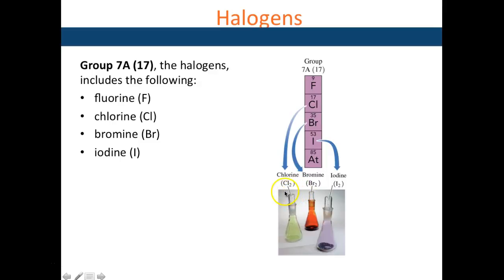The other thing that you notice here is that chlorine is not written as Cl, but rather as Cl2, and so is bromine, Br2, and I2. So these are elements, but they exist in the diatomic state, all right? So chlorine, bromine, iodine, fluorine, nitrogen, oxygen, and hydrogen are elements that exist in the diatomic state at room temperature.